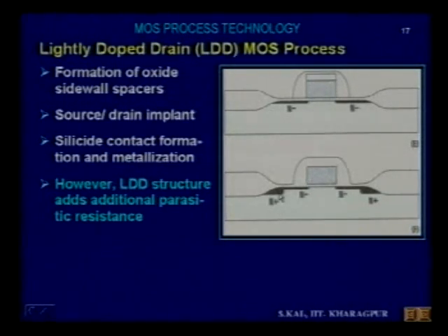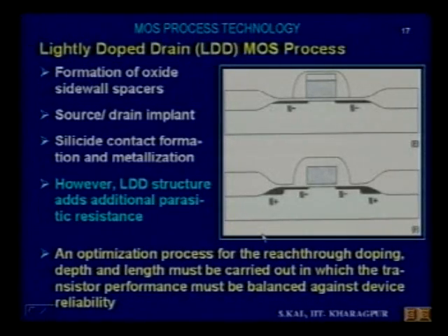Now, because of this gradient doping, N plus and N minus, the total drain resistance here will not be the same as the earlier step where only N plus is used. So that is one additional parasitic resistance which comes into the picture, and which will deteriorate the speed performance as well as the density of the devices because of the reach through length which we use for N minus implantation.